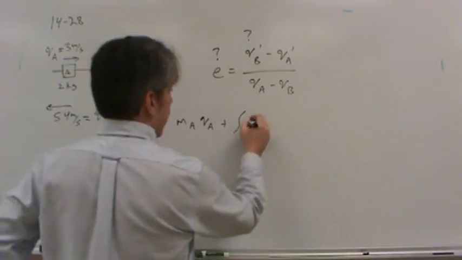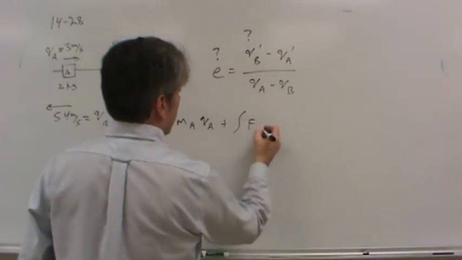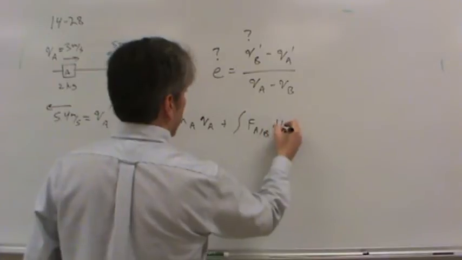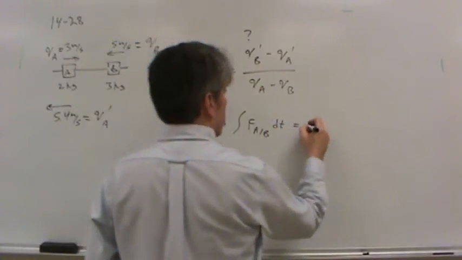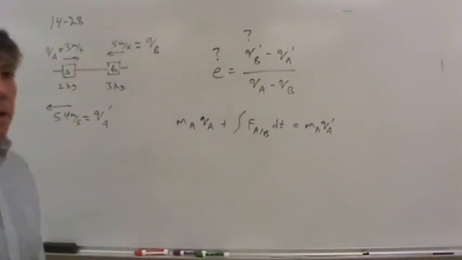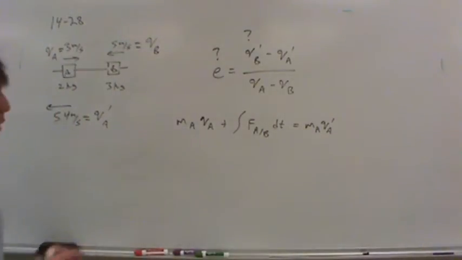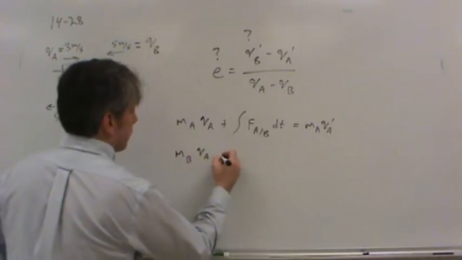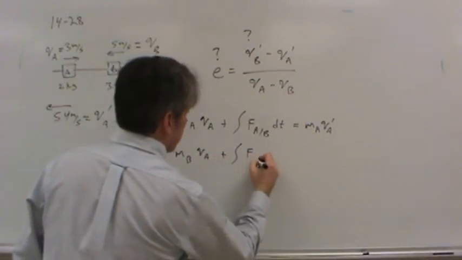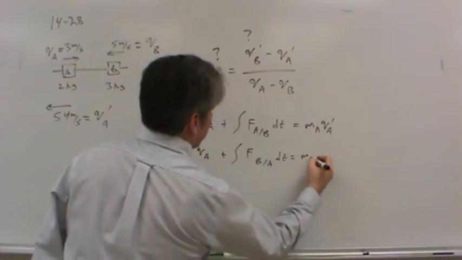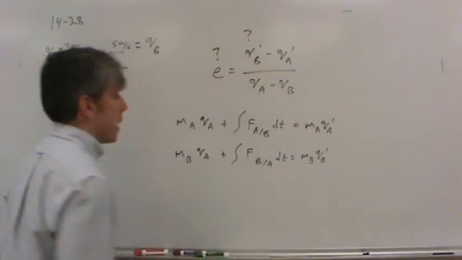So whatever that force is onto A from B over time, whatever that is going to change the momentum of A to some new amount, right? And we could also write a similar equation for B. The force from B onto A over time equals the mass of B times the velocity of B after impact.